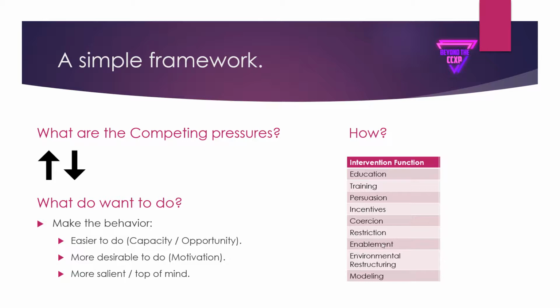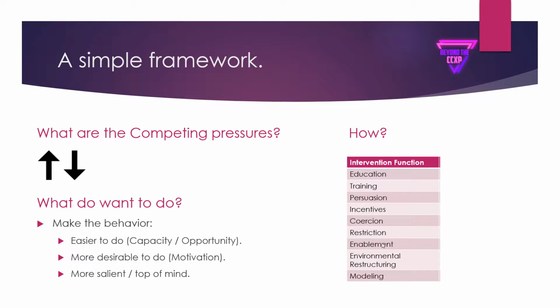Then say, what do we want to do? Do we want to make the behavior easier to do, which is looking at the capacity of the person or the opportunities available? Do we want to make the behavior more desirable to do, which is specifically looking at motivation? Or do we want to make the behavior more salient and top of mind? That's using Jason Hreha's model as the next question.